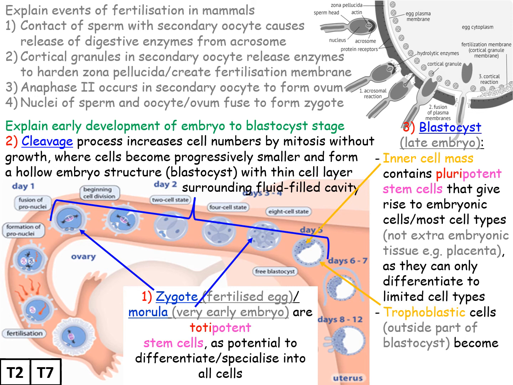They can only differentiate to limited cell types, so they've stopped being totipotent stem cells, they're now pluripotent stem cells. Whereas the trophoblastic cells, which is the outside part of the blastocyst, they become the extra-embryonic tissue, such as the placenta. So they are no longer totipotent, and not pluripotent either.